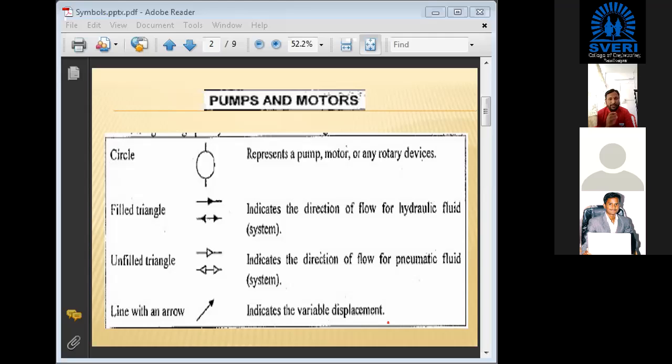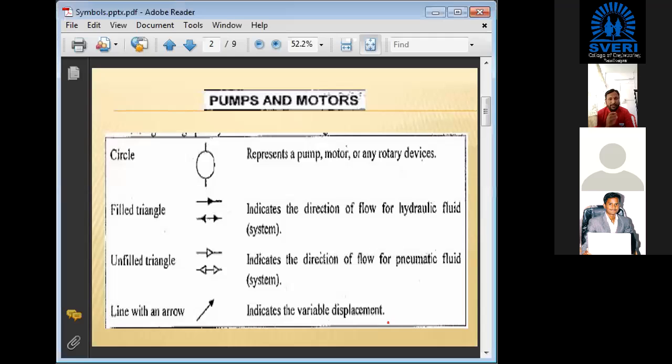Fluid power circuit means both hydraulics as well as pneumatics. Have you finished? Now let us go for the next one.